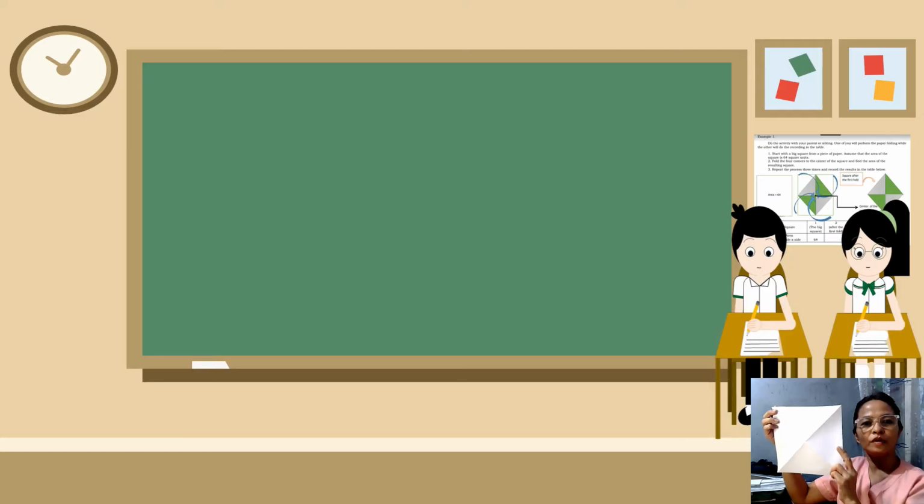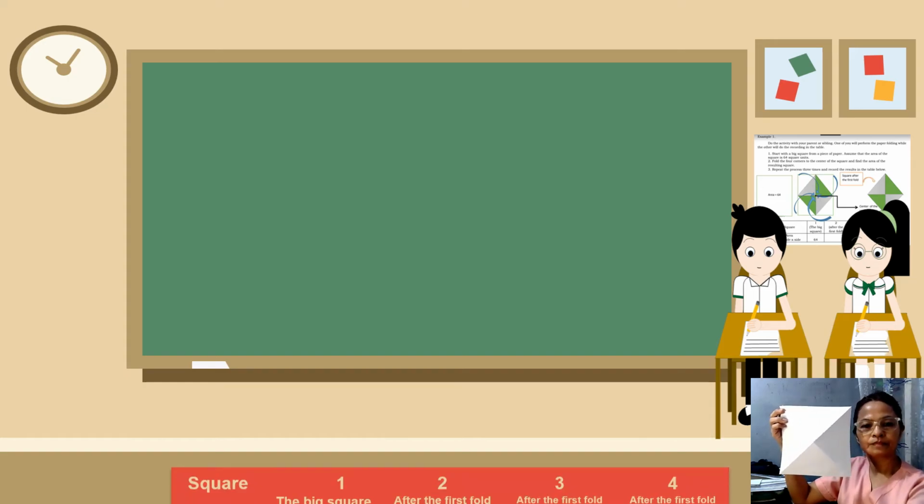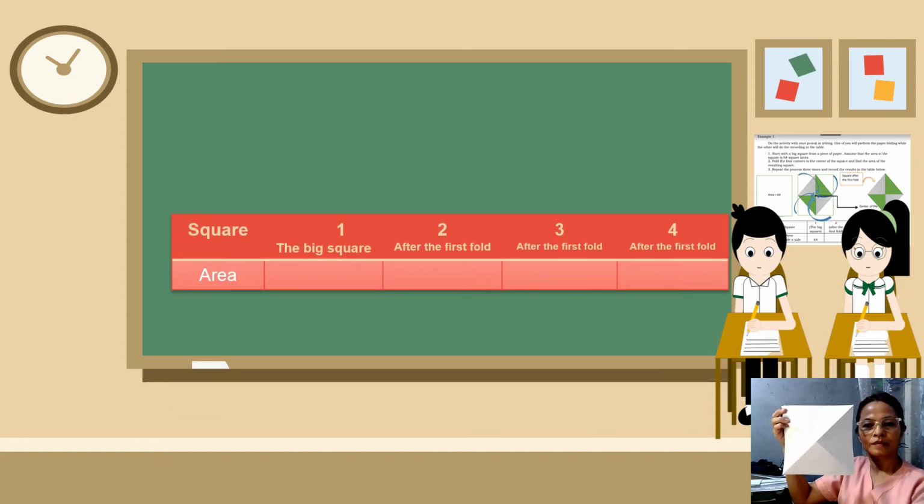The type of sequence is the geometric sequence. We will use the paper folding activity to show how a geometric sequence is formed. First, we will find the area of this big square.